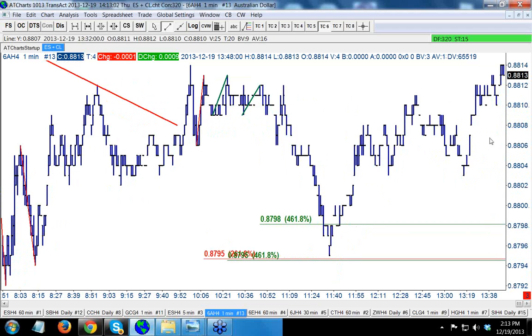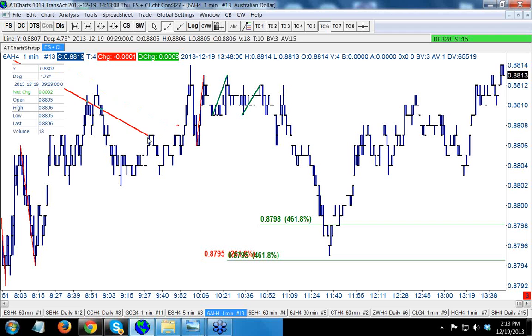Even though shorting at 88.05, which I think you did right around there, the fact that you made it down over here the hard way, meaning deep, this is where you want to grab it.